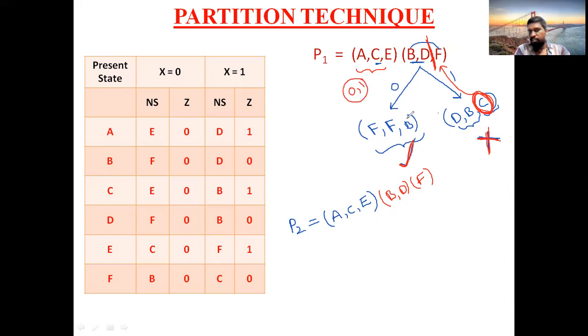But here only zero successor is satisfied, one successor is not satisfied. That's why I put a cross mark here. So this cross mark is responsible for the C. The C is the answer of F. That's why I took F separately.